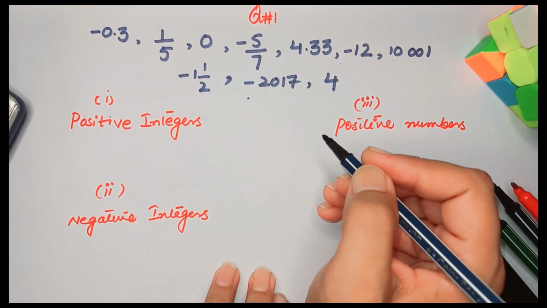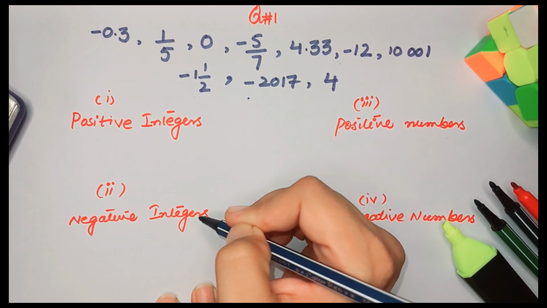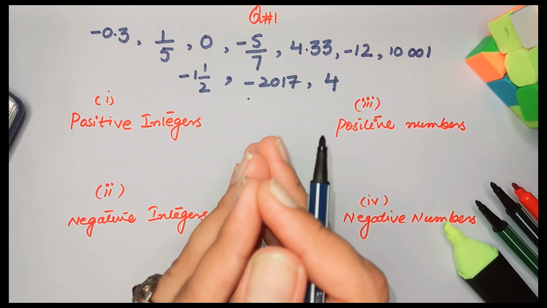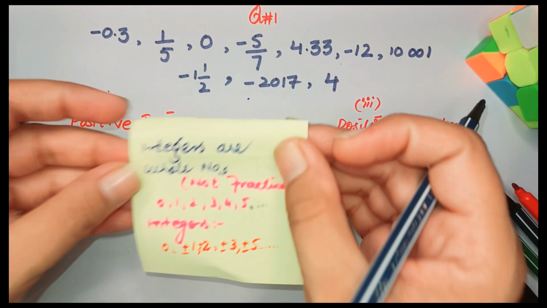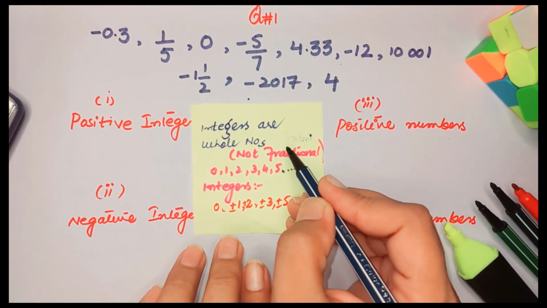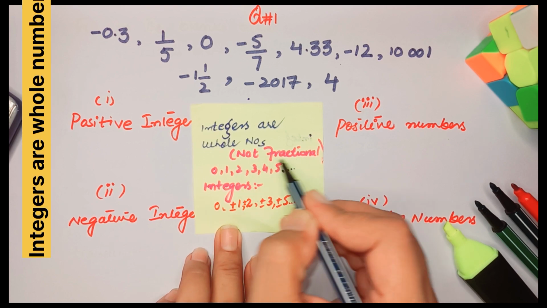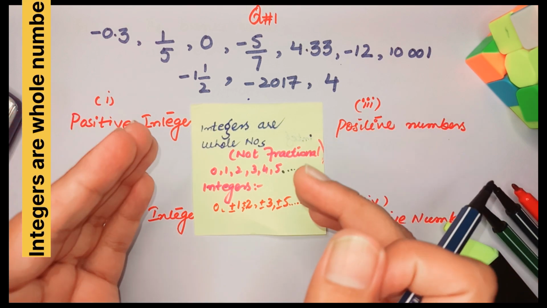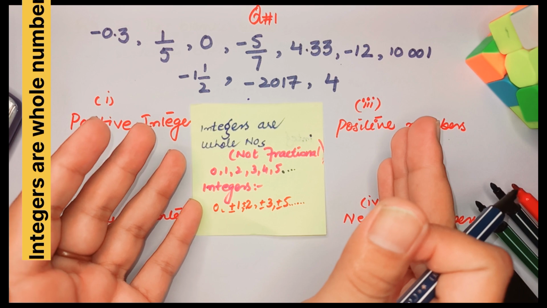Dear students, to identify positive integers and negative integers, you have to first revise the concept of integers. So let's check it out, the integers first. Integers are whole numbers, meaning not fractional, not in the form of a fraction or decimal.